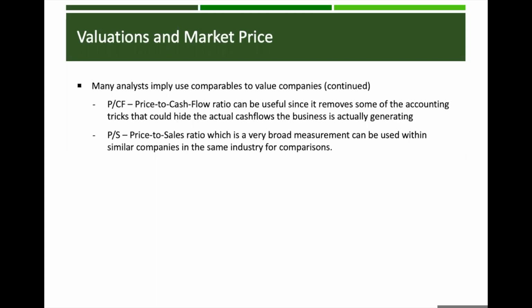And some of these vary by industry. So you may find that some industry analysts really like to use price to cash flow for, let's say, a high capital intensive business. Whereas in retail businesses, they might prefer to use price over sales. Sales is a very broad measure. So trying to get sales per share and then take the price divided by sales per share, you're going to get a very small number with that one.